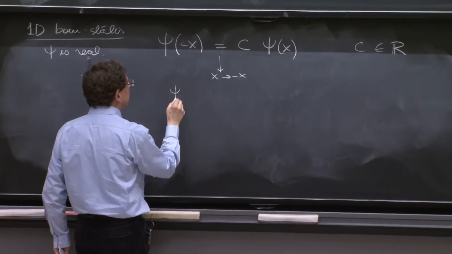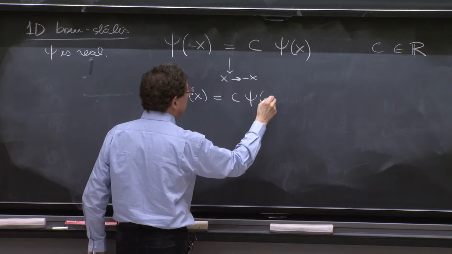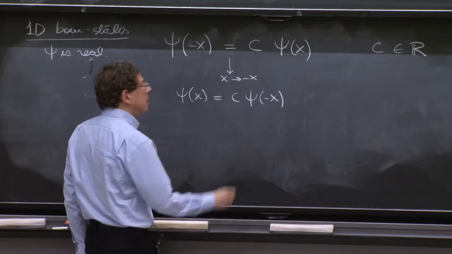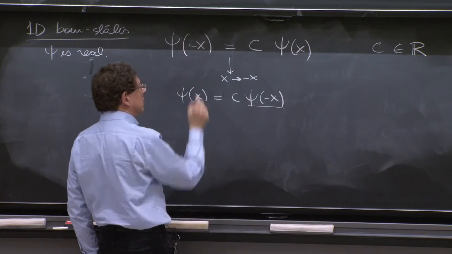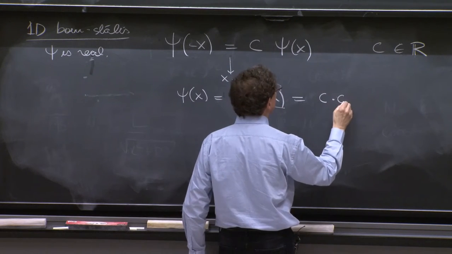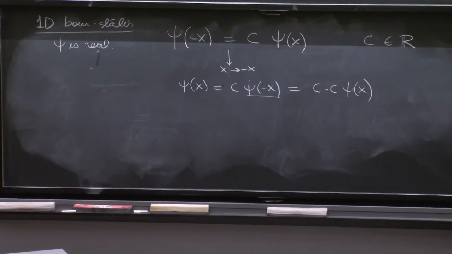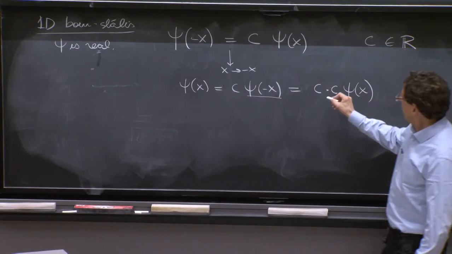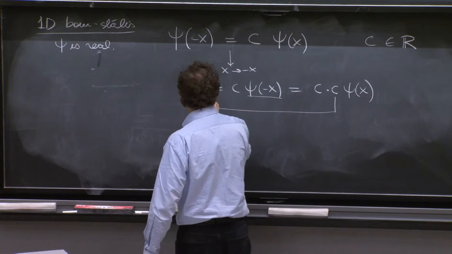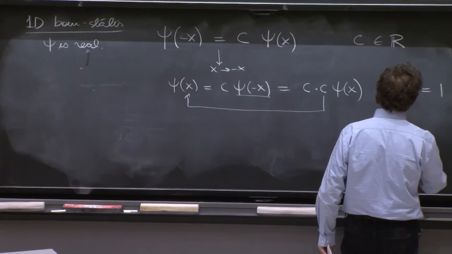So you would get psi of x equals C times psi of minus x. But for psi of minus x, use this equation again, and you get C times C times psi of x. But from comparing these two sides, you get that C squared must be equal to 1.